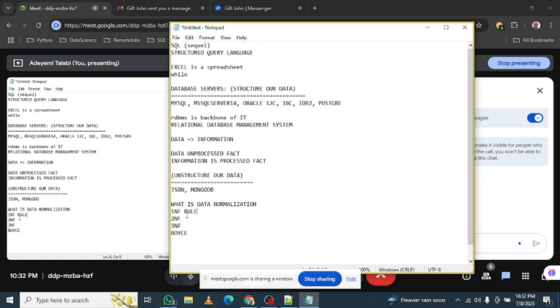If you like, I can put it there. 1NF rules, 2NF rules.